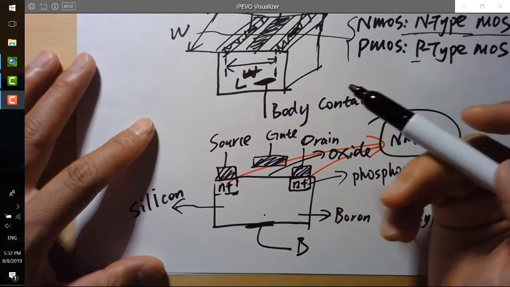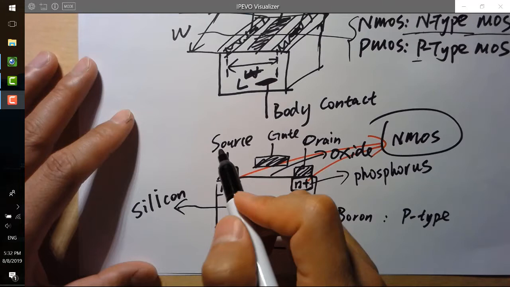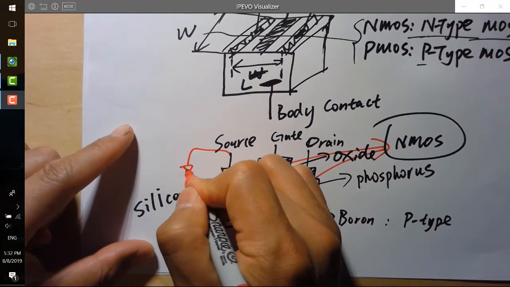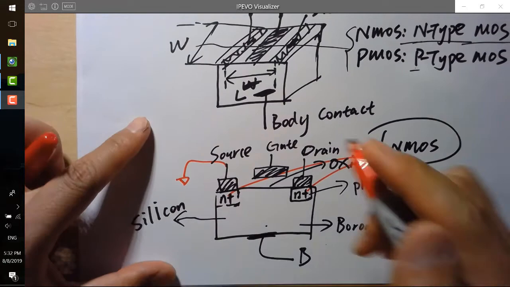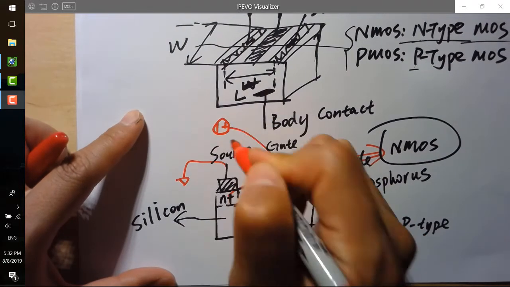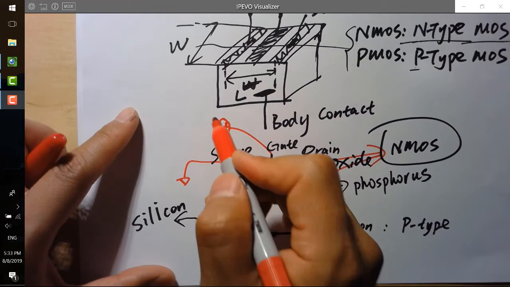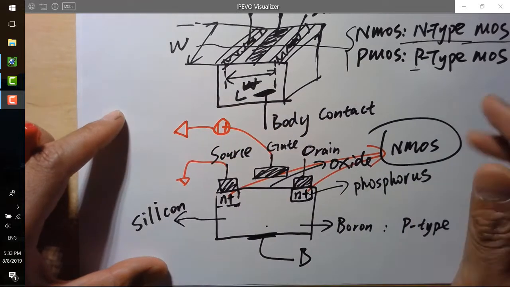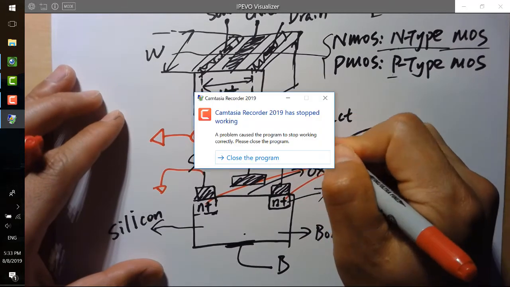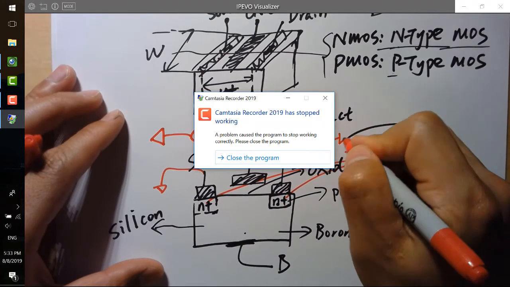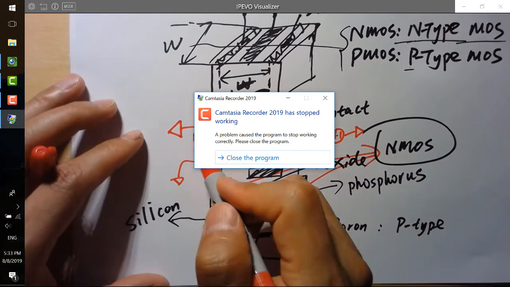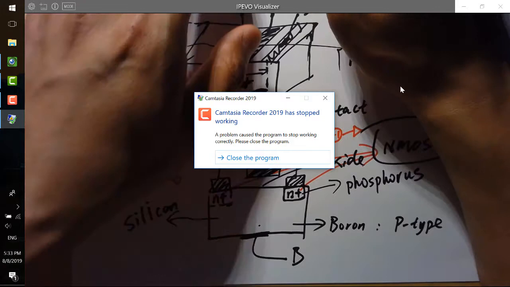However, if I ground the source, and I have a voltage source connected to the gate, and then I give a voltage pressure to the drain, then something is going to happen here, right?